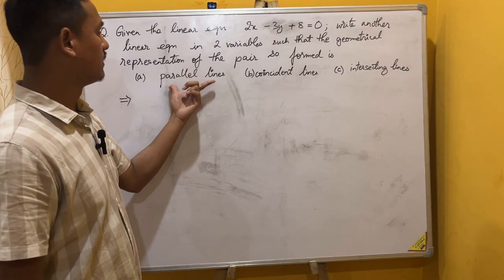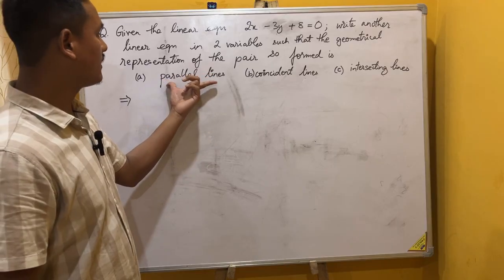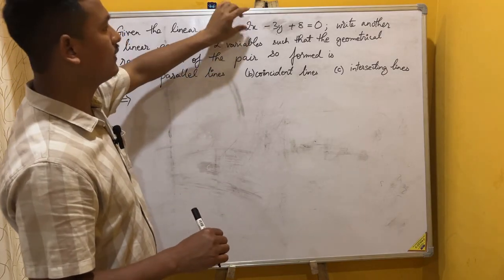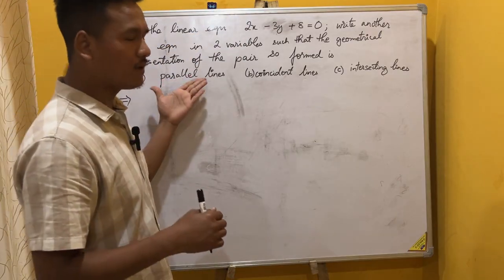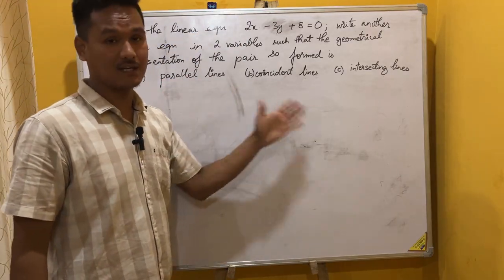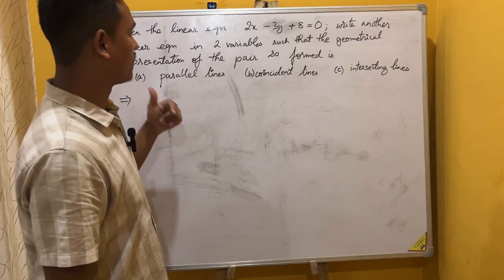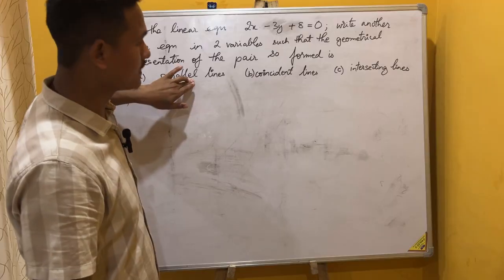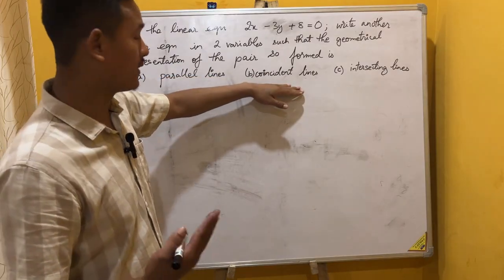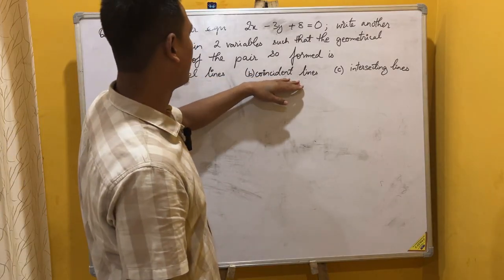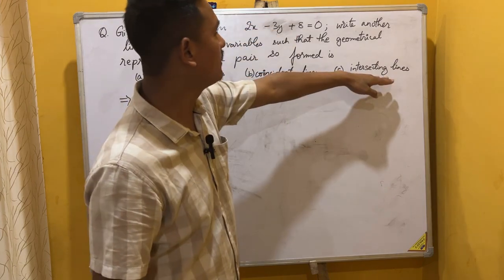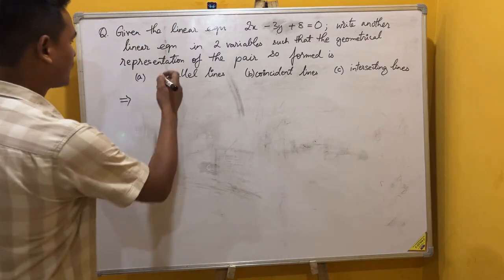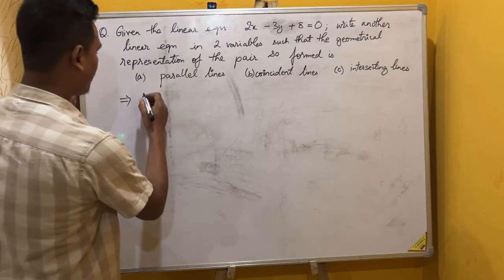The three equations represent three straight lines. The first one must be parallel to this one. The second must be coincident with this, and the third one must be intersecting with this line. So how do we do it? One. Let's find the parallel lines.